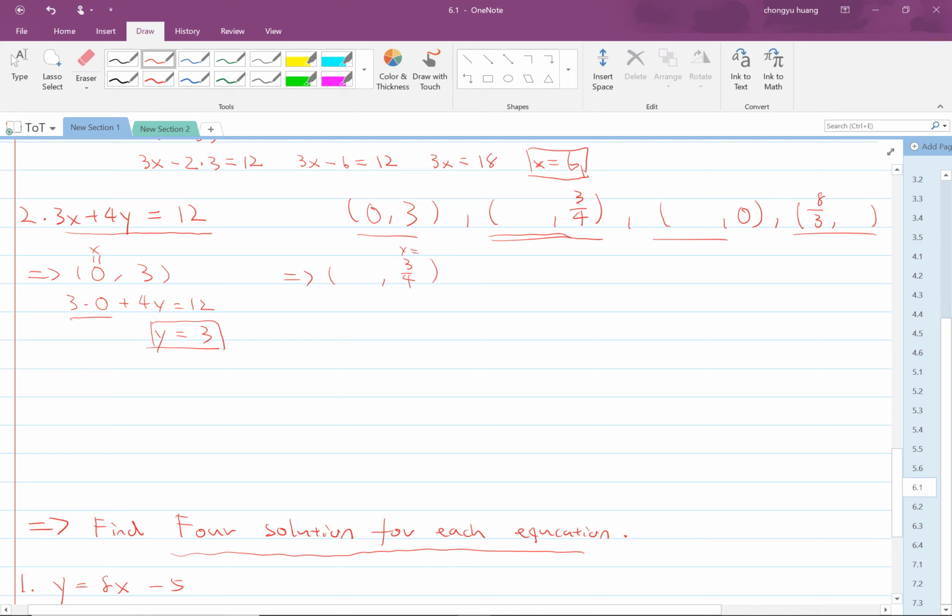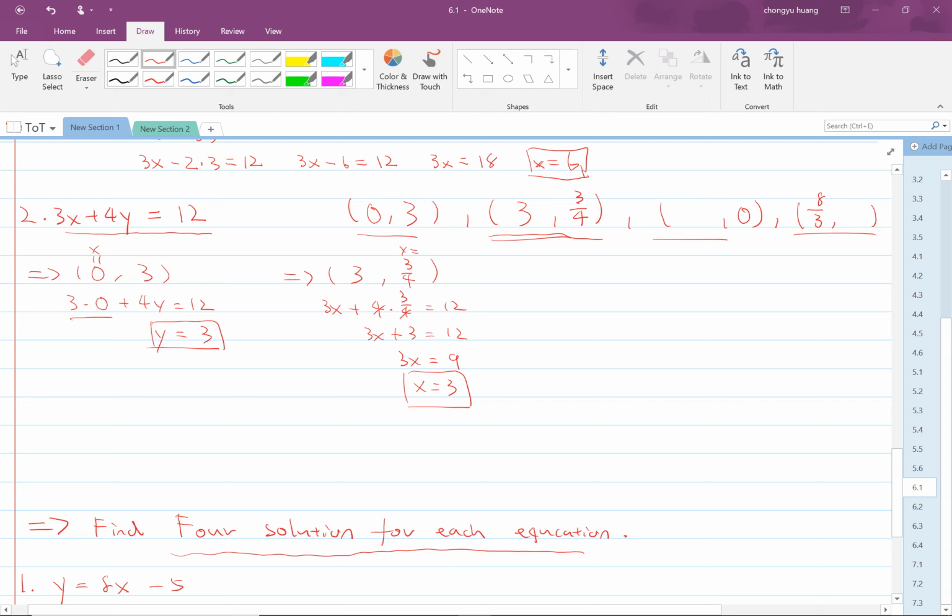So you plug in the point, 4x plus 4 multiplied by 3 over 4 is equal to 12. 4 and 4 get cancelled. 3x plus 3 is equal to 12, so 3x is equal to 9. X equals 3. So now you find the point.